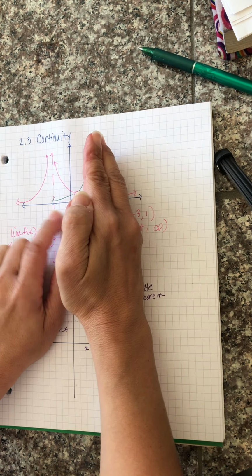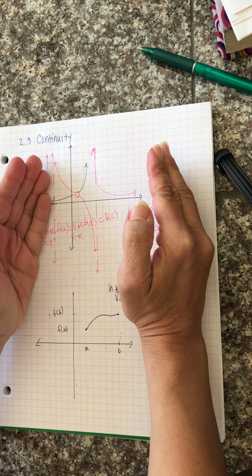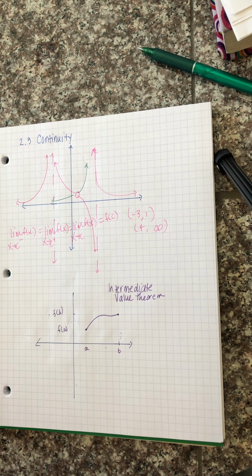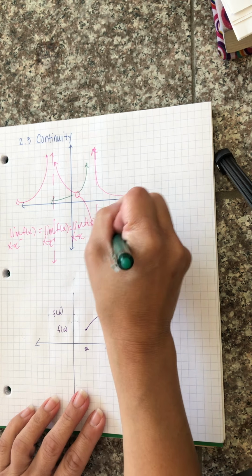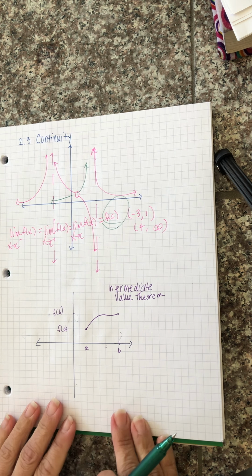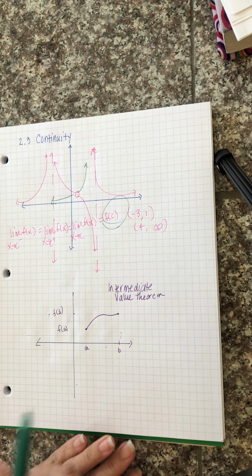The right hand is approaching infinity. The left hand is approaching infinity. The limit is the same. The overall limit exists, but the exact value does not. So it is possible that the right hand equals the left hand equals the overall, but yet the function is still considered discontinuous.